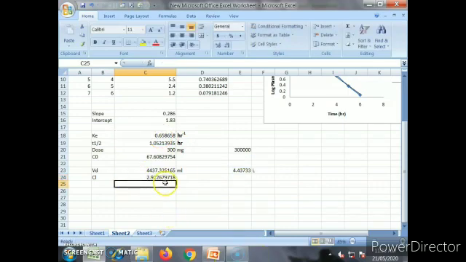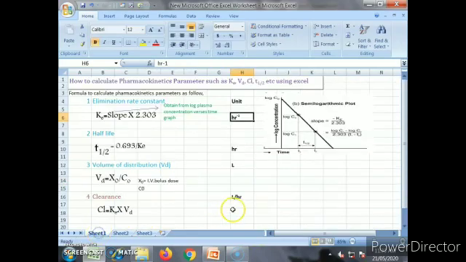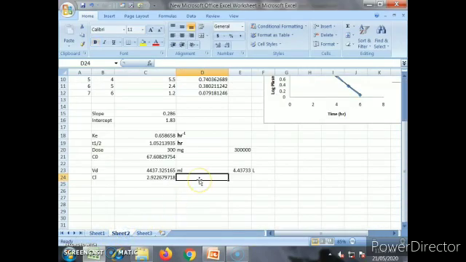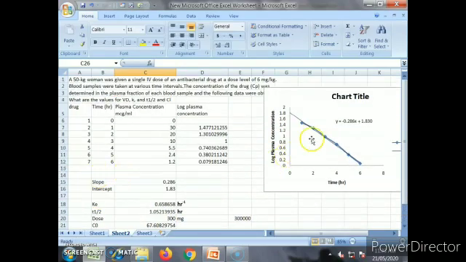So clearance is 2.9, and the unit for clearance is liter per hour. So in this way we have calculated the Ke, T half, dose, initial concentration, and Vd, volume of distribution.